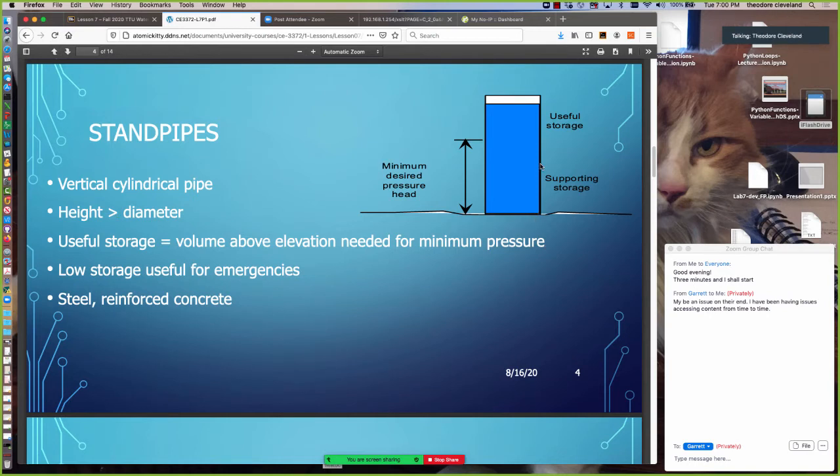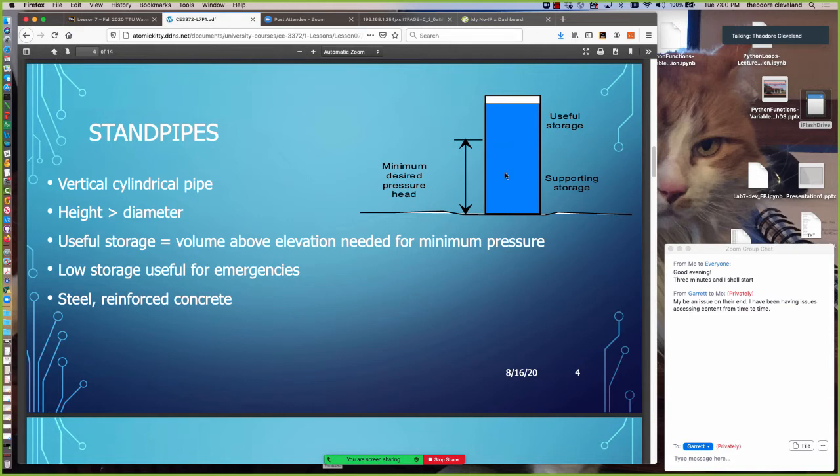So these tend to be fairly tall compared to their diameter, and they have a design feature that we implement as the designer. If we have a particular amount of pressure head that we want the system to always have, that establishes the pool elevation for the minimum desired pressure head.